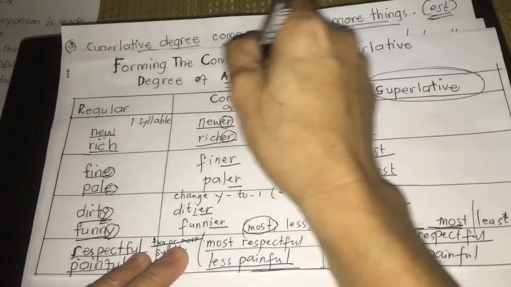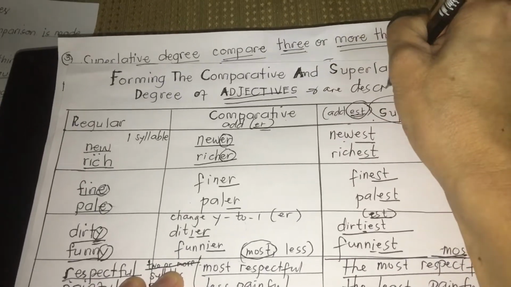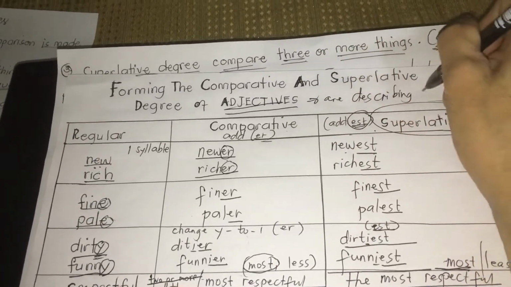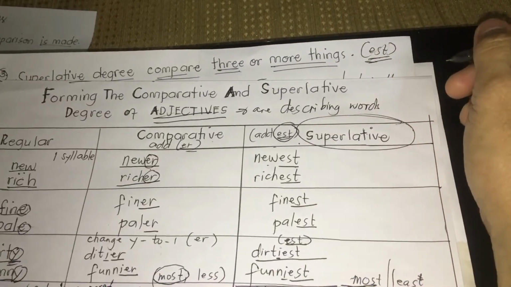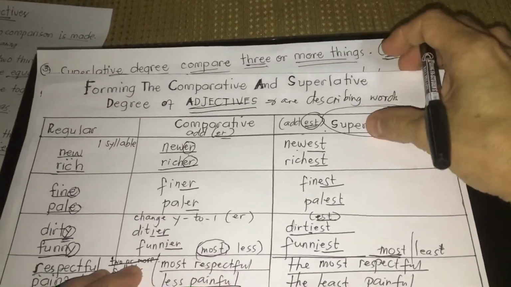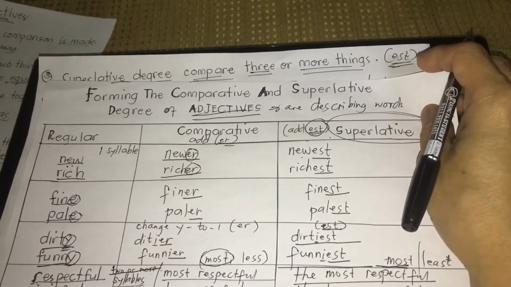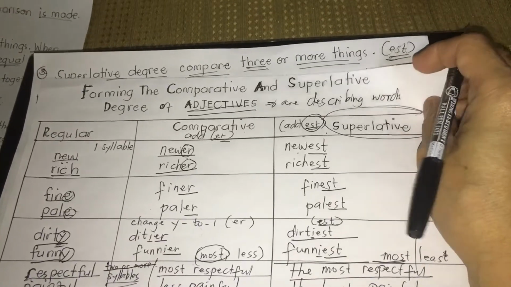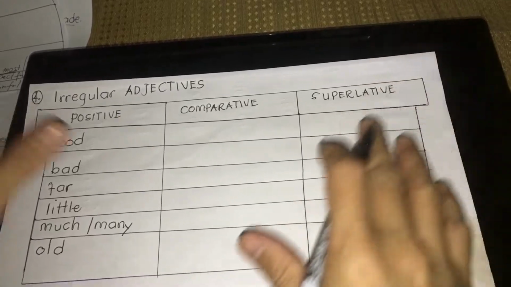Remember class, adjectives are what we call describing words. Or in Tagalog, this is pang-uri, salitang naglalarawan, that is, describing words. Next, we have irregular adjectives.